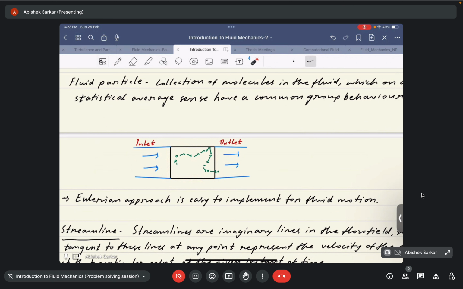Okay, so that is what we are primarily concerned about. So in the case of an Eulerian approach, we fix our area of focus or area of interest, right? And in this case, that would primarily be this duct. Okay, or this boundary of the duct that is interacting with the fluid.